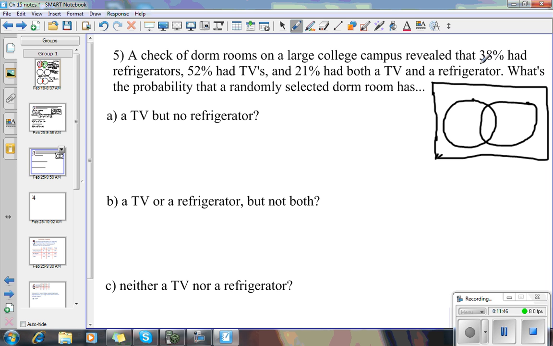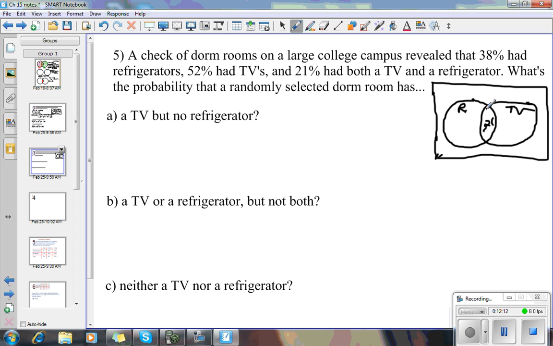So dorm rooms, 38% has refrigerators, 52% had TVs, 21% had both. So I'm going to use an R for refrigerator, and I'll just call this TV. And I'm going to start with the both part. So 0.21 is going to go in the center.